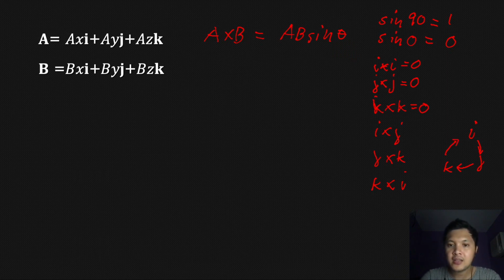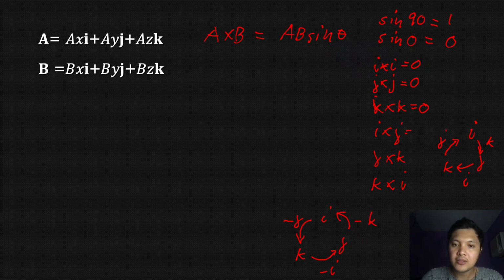I cross J, the product is K hat or K. J cross K, the product is I, and then K cross I, the product is J. But if it's in the opposite direction, I cross K is negative J, K cross J is negative I, and J cross I is negative K. So these are the rules.